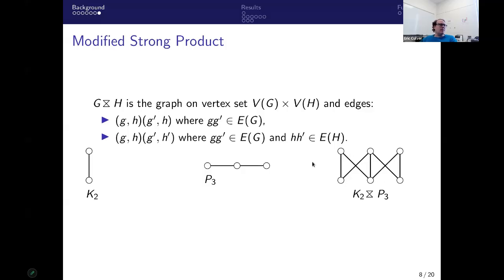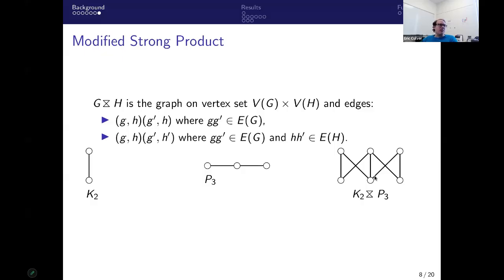So it's not a commutative product because in the strong product, if you are imagining you did K2 strong product P3 here, you would have some copies of P3 going directly across between these three vertices on the bottom and on the top. And those are missing in this case.